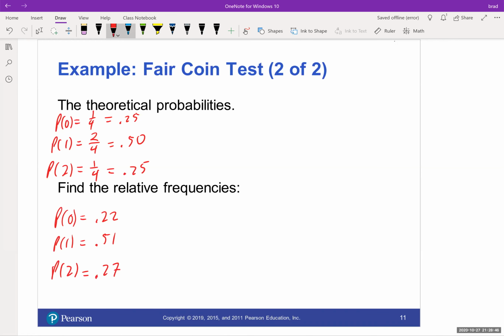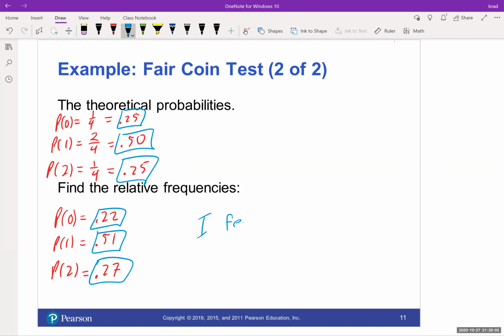Now let's compare. Let's look at 0.25 compared to the experiment. That's pretty darn close, right? Now let's do 0.50 compared to the experiment. That's pretty good as well. Let's do 0.25 compared to 0.27. That's pretty darn close as well. So I feel that the coin is more than likely fair.